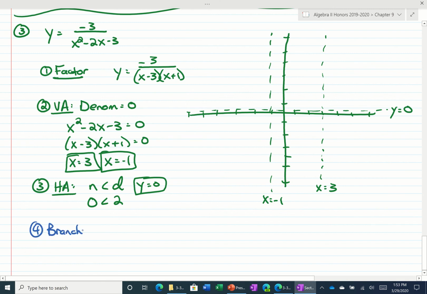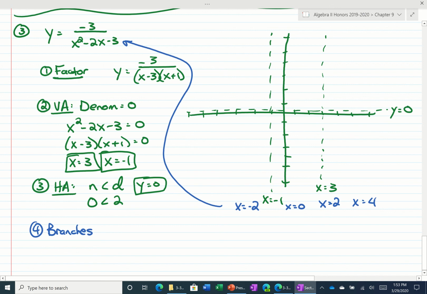Now the way we always get the branches is we test values to the left and right of each vertical asymptote. So I'm going to test -2, and I'm going to test 0 for this one. For this, I'm going to test 2, and I'm going to test 4. I'm going to be plugging in these values into the original.